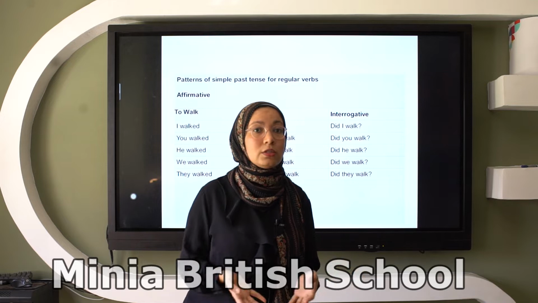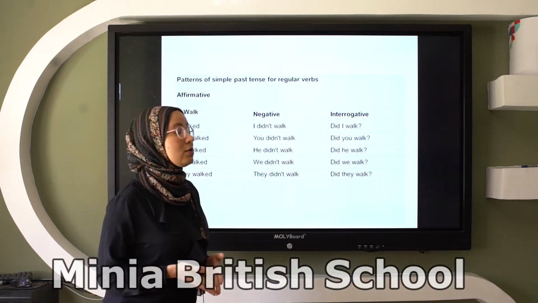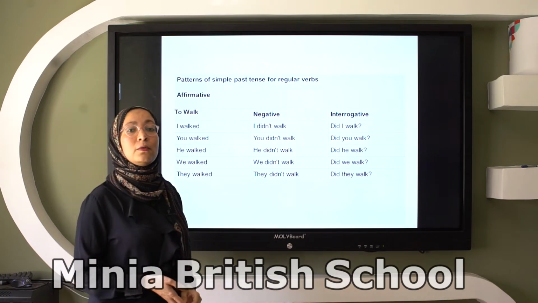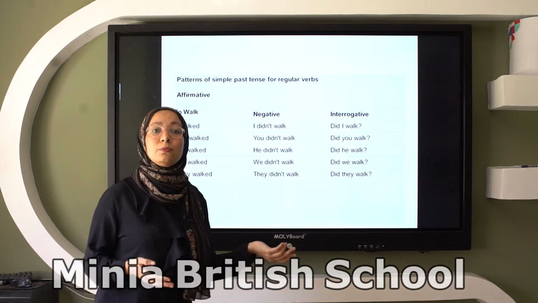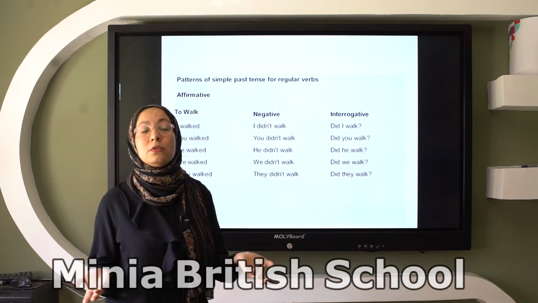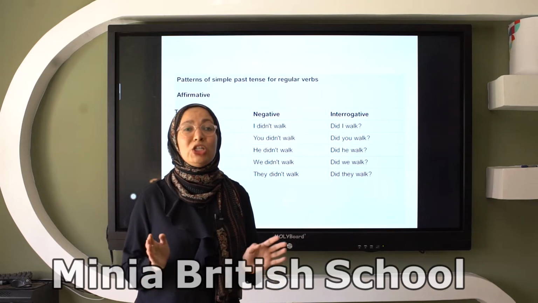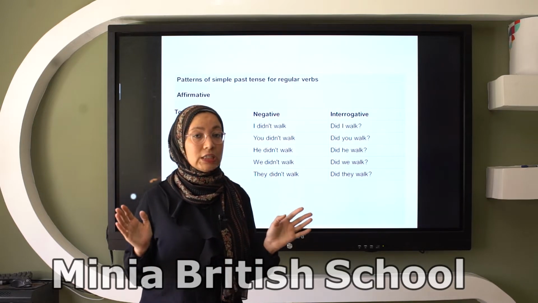Now let's start with the regular forms for verbs in the past. For example, here we have the verb walk. With all the pronouns, the singular pronouns, the second pronoun, the plural pronouns, we just put ed to the verb.